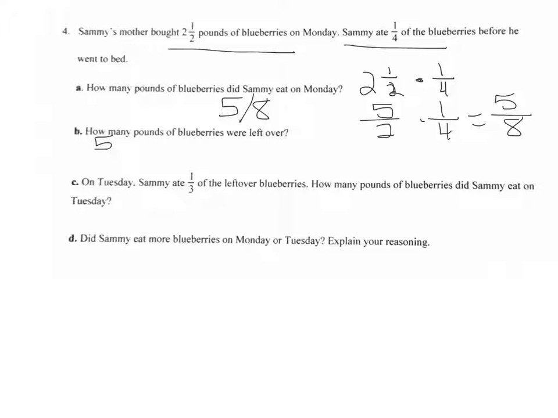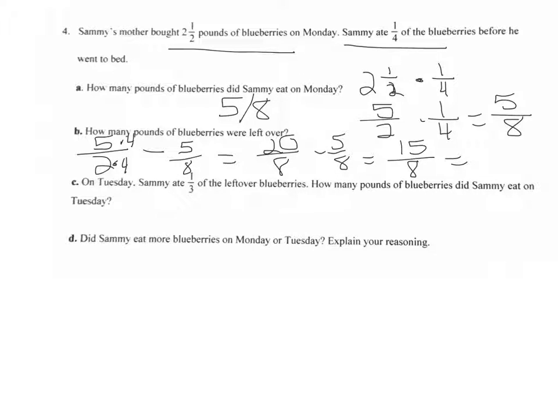So let's change 2.5 to 5/2 minus the 5/8. But now we have to have a common denominator, which could be 8. So I'm going to times this by 4 and times this by 4. So I have 20/8 minus 5/8, which would give me 15/8. And if you simplify that, that would give me 1 7/8 left over.